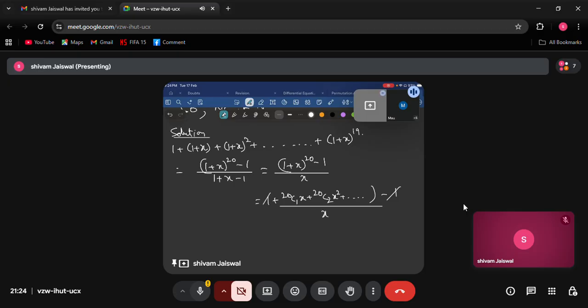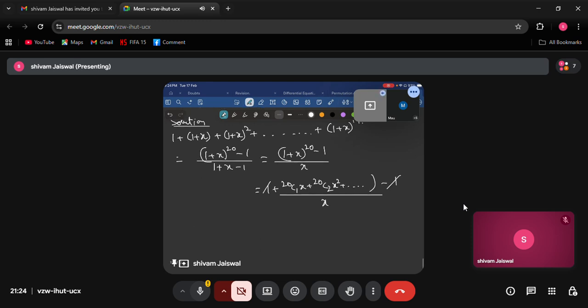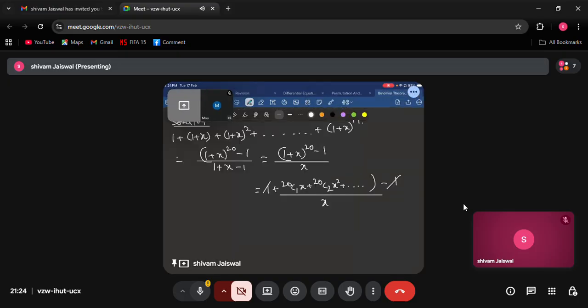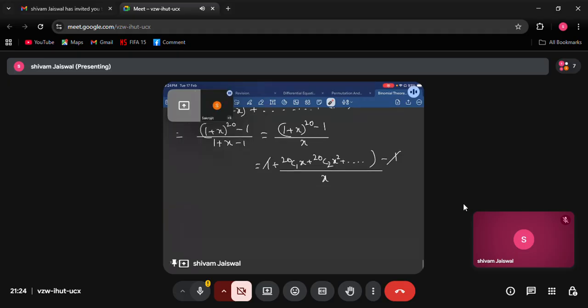Acha, you people tell me, among 20c1, 20c2, 20c3 dot dot dot 20c20, which one is the greatest? So 20c10 x to the power 10.